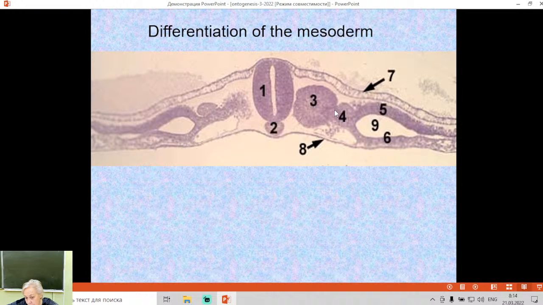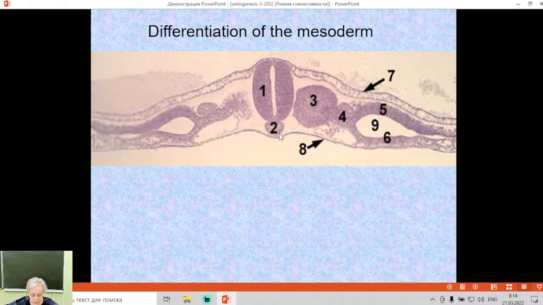On this slide you can see better the differentiation of mesoderm. Number 3, somites; number 4, intermediate part between somites and splanchnotome; number 5 and number 6, splanchnotome; and number 9, the secondary cavity of the body.